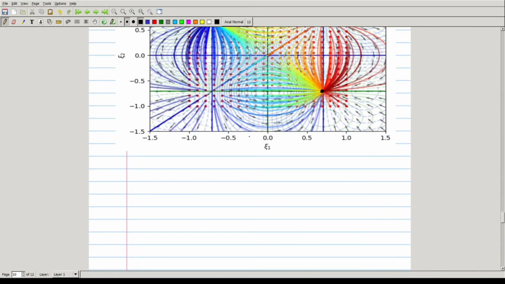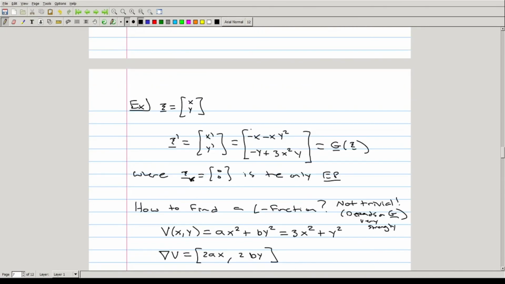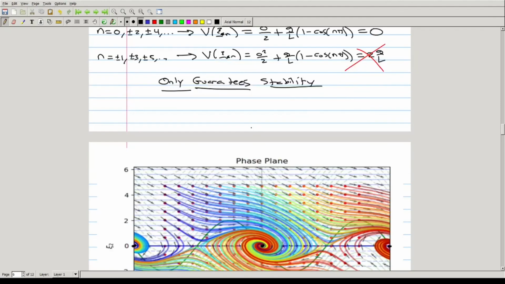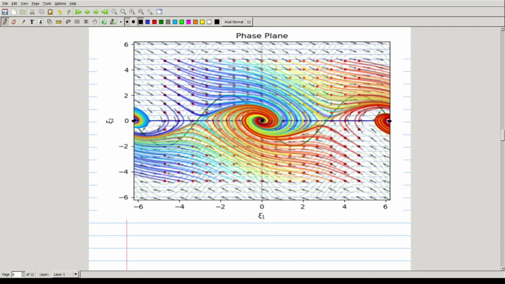So in the pendulum example, we had a problem where the Liapunov function is constant, it's 0, on this line right here and on this line right here, which makes it not a strict Liapunov function. Yet the point is still asymptotically stable.